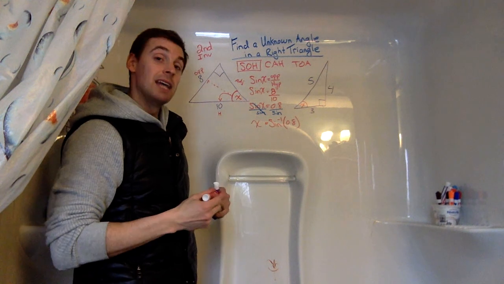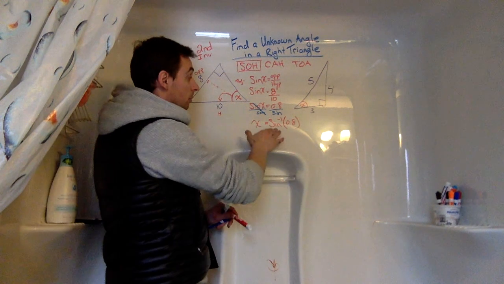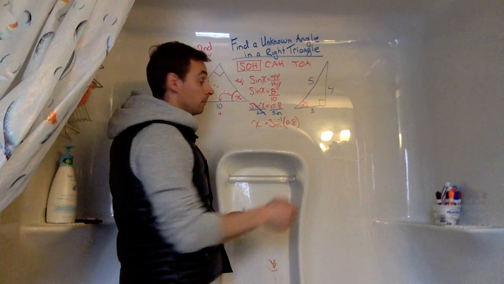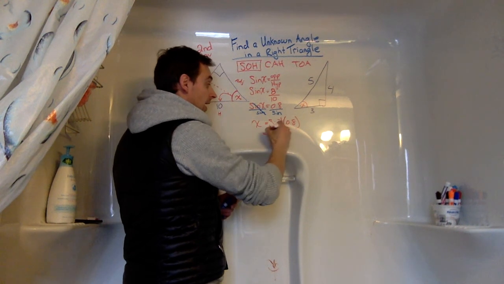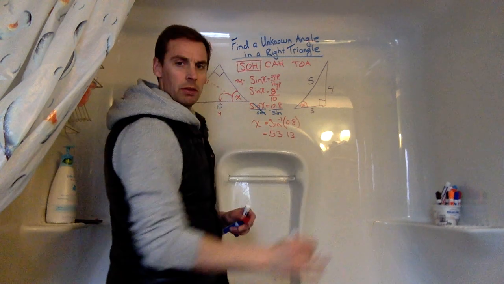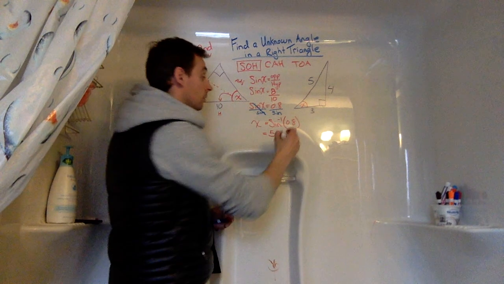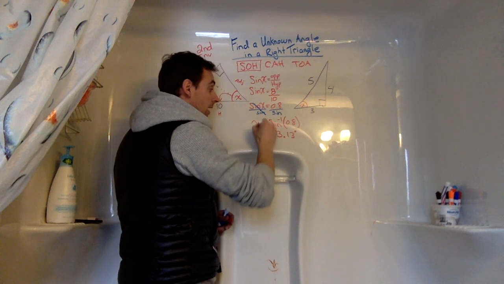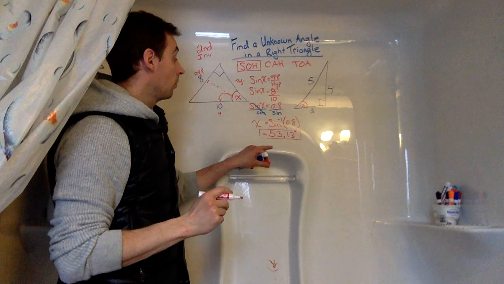So now we're going to take our calculator for this part, and plug it in. We're going to put sine of -1, 0.8, and when we calculate it out, we're going to end up with 53.13, and then a whole bunch of other numbers. I'm going to stop here and just use this as my value. So I now know that it's 53.13 degrees.